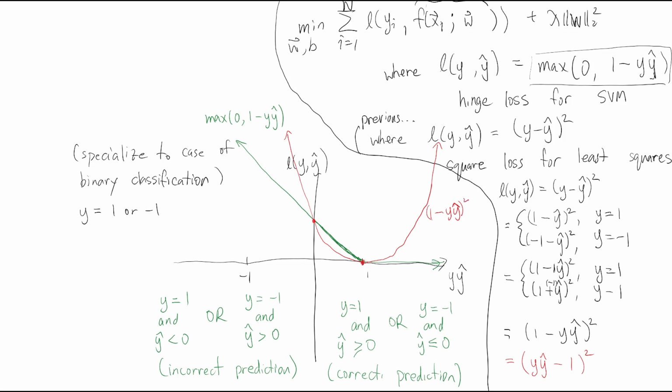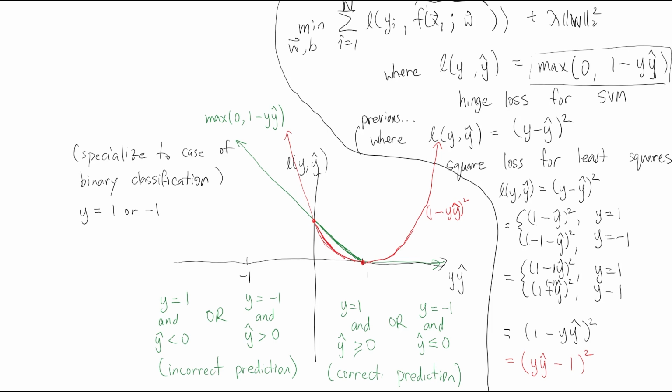So in the region where we have correct prediction, in this region between 0 and 1 over here, we have kind of a similar cost, maybe a bit lower. But on the right side here, on the right part of the parabola, we're actually penalizing predictions that are too correct, right? And that doesn't really make sense. When a prediction is correct, we should just not penalize it as much as we can. Yet the square loss is penalizing predictions that are too correct, so that doesn't make sense.